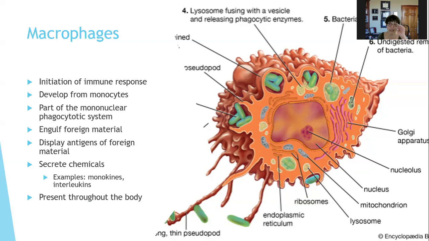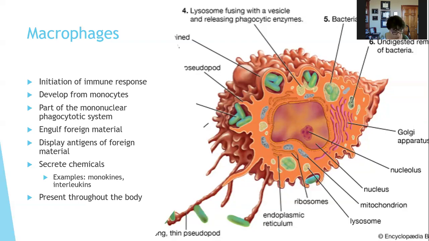In chapter 10, at the beginning of next quarter, we're going to talk about the development of individual white and red blood cells, so put that on the shelf for now. But monocytes are a precursor cell, and they develop into macrophages. It's part of the mononuclear phagocytotic system, is what they call it.